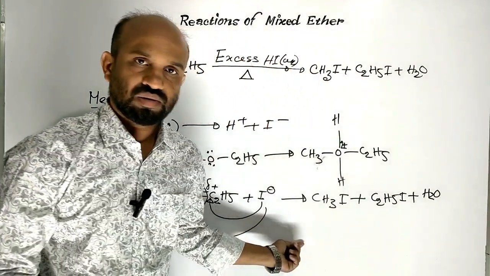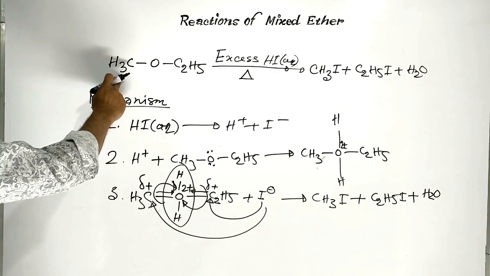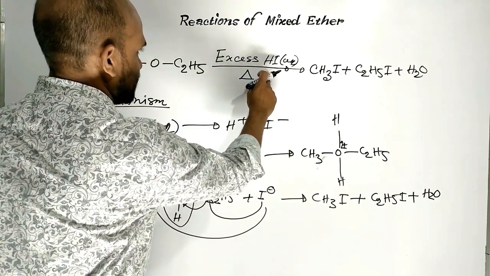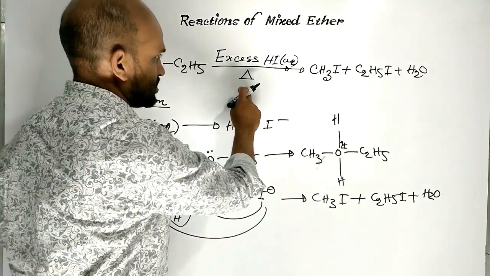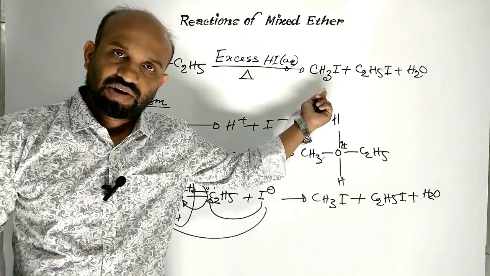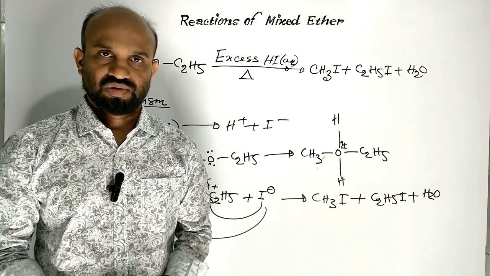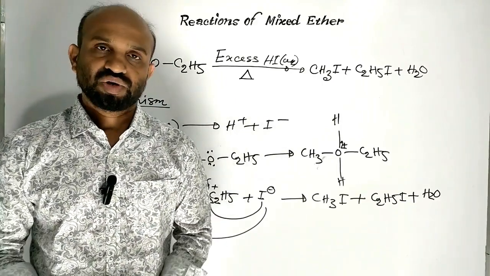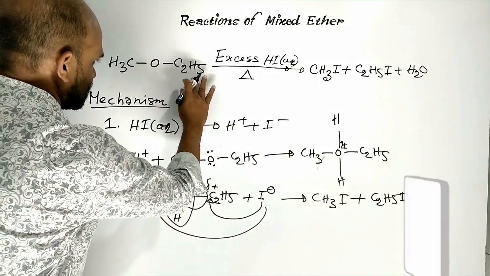So, when mixed ether is treated with excess hydroiodic acid and the reaction is conducted by heating, then methyl iodide, ethyl iodide and water are formed. This reaction cannot occur with hydrochloric acid.